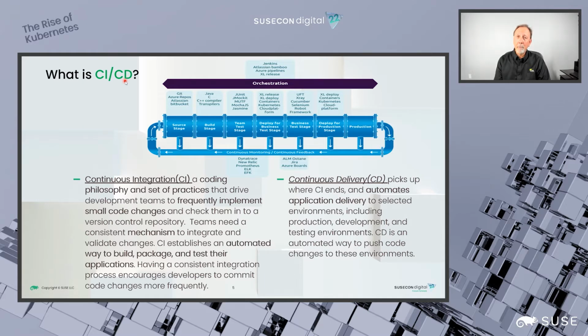It takes that built version of code and application and automates the deployment of that to whatever the respective environments are, whether it's production or test or dev. So it's an automated way to push that code change that's now been implemented into an application and deliver or deploy that to whatever the target environment is.